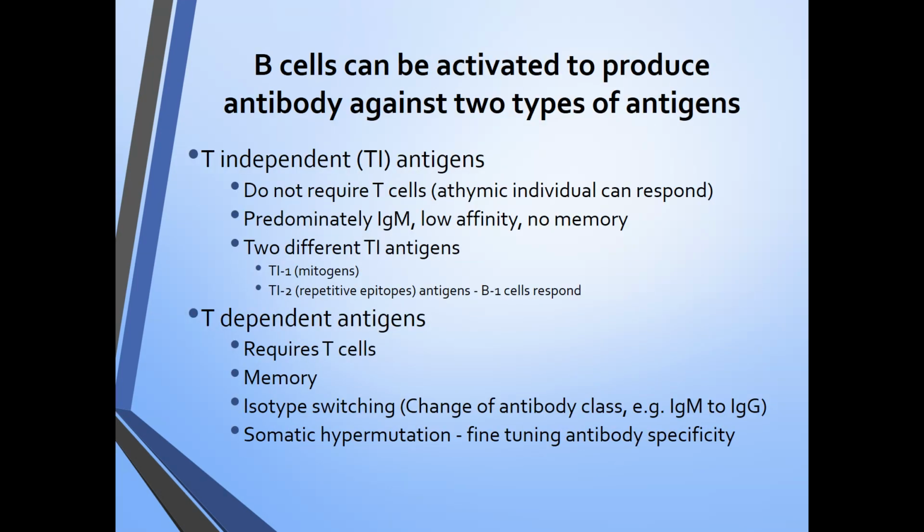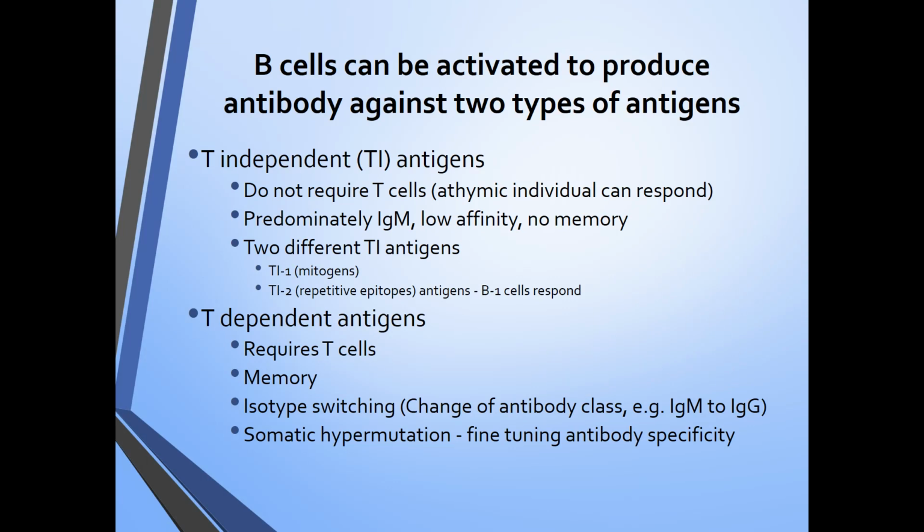Now, there are 2 major types of antigens that can activate a B cell. They're the T-independent, or TI antigens, and the T-dependent antigens. The T-independent TI antigens are called that because they do not require T cells.